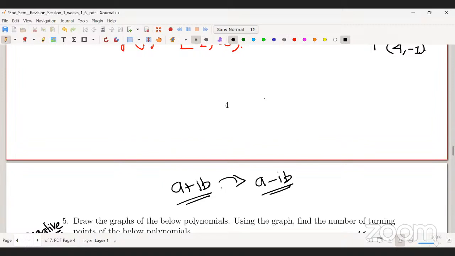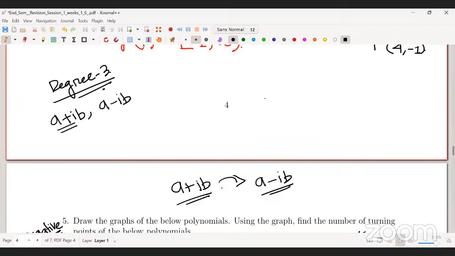That is not possible, because suppose you take a degree 3 polynomial. So this has 3 roots. One is a plus ib, then the next one is a minus ib, because as I said, imaginary roots come in pairs.